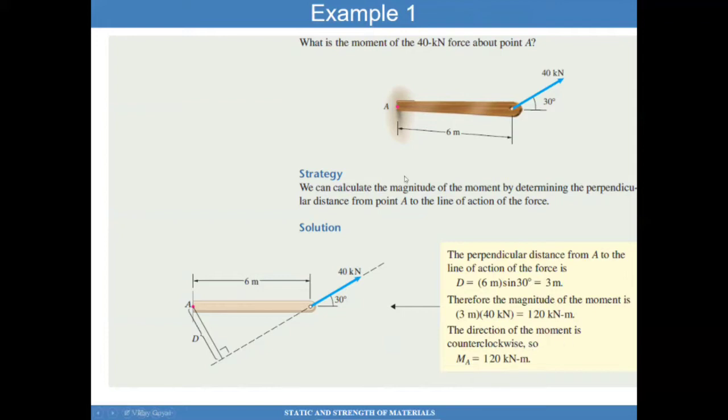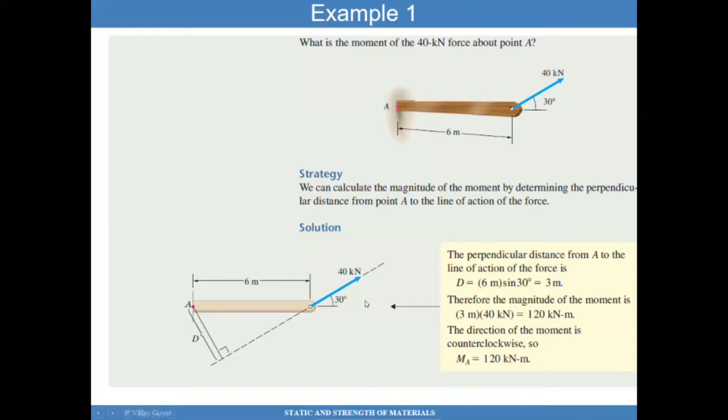Also, one thing I want to point out in this example is that I can solve this problem in a different way. Say I take this force and I decompose it into the y-axis and x-axis. This force of 40 kilonewtons times cosine of 30 degrees will be the force in the x-axis and pointed to the right.